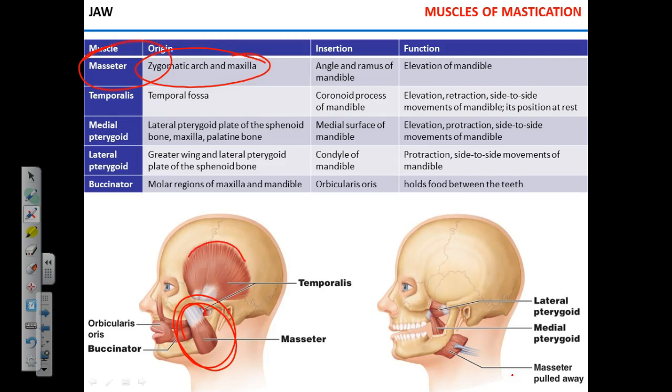Temporalis, large muscle which originates at the temporal bone. On Birdie, it is number 1. It is a synergist in the elevation of the mandible. So it's from temporalis to the mandible. And it helps to move the mandible in the transverse plane, which means retraction and side-to-side movements.